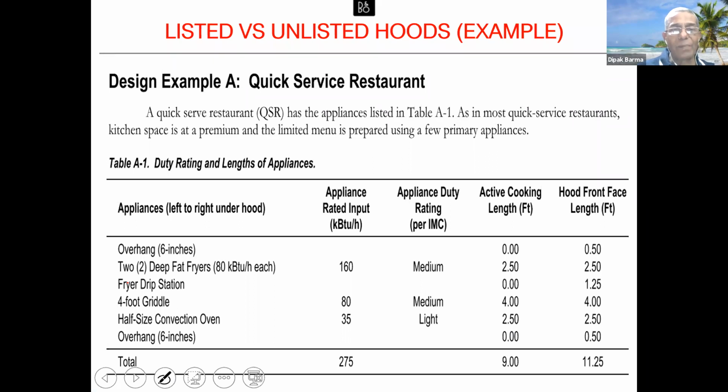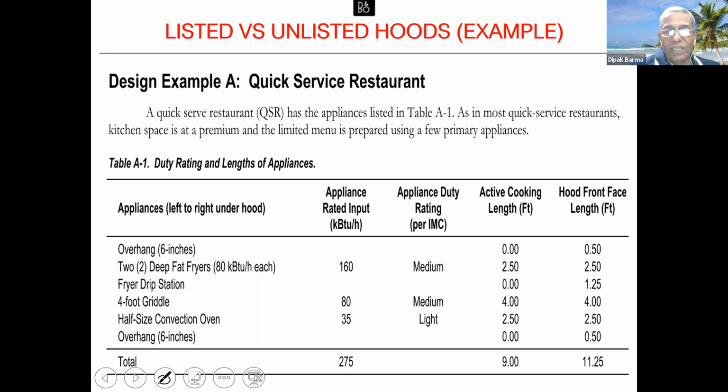I'll just take an example. Let us consider a small quick service restaurant. Now, with a normal unlisted hood, which we are talking about, unlisted and listed hood, if you remember.